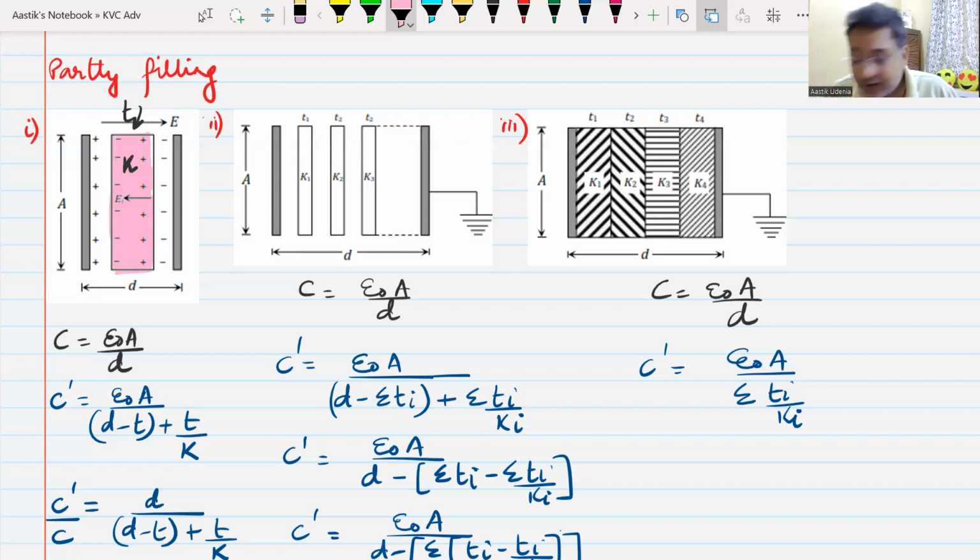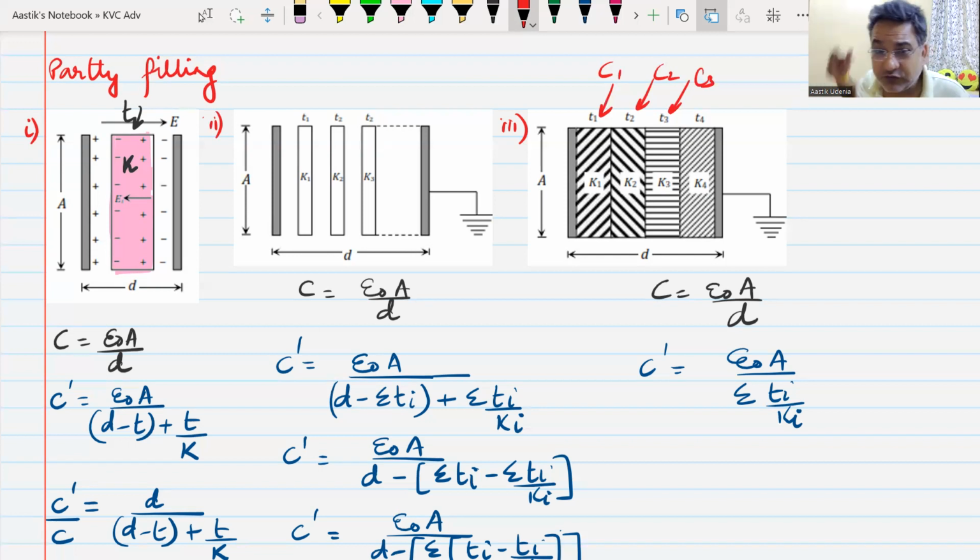This is one way of doing this question, that we do it by direct formula. There is one more way of doing this question by series parallel combination. How can you find out the capacitance by series parallel combination? It is easier to understand it in terms of the third diagram. We can take this capacitor as C1, this capacitor as C2, this capacitor as C3, and all these C1, C2, C3 are connected in series.